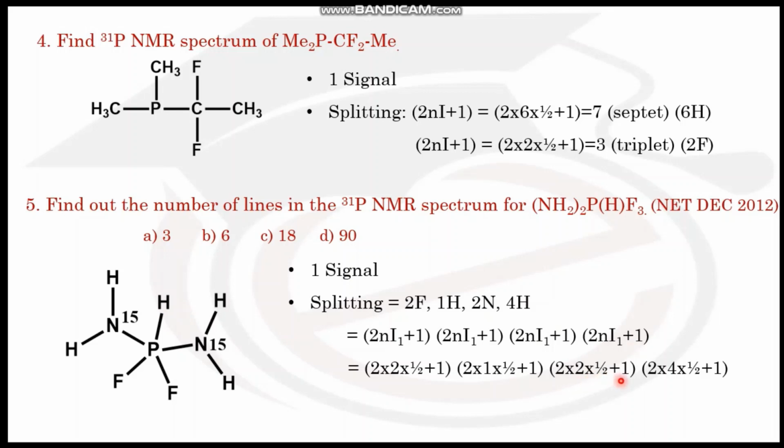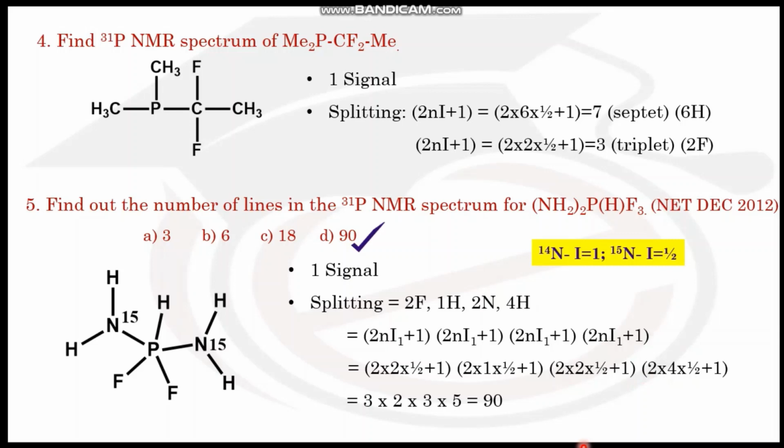Nitrogen has a value of I equal to 1, but we have to understand that N14 has an I value of 1, N15 has an I value of 1/2. Always remember that. Most people may make a mistake here and write 1. So here it's mentioned N15, so the value is 1/2. 2 into 2 into 1/2 plus 1, and later due to 4 hydrogens, 2 into 4 into 1/2 plus 1. Then overall we will get 90. So option D is the correct answer.